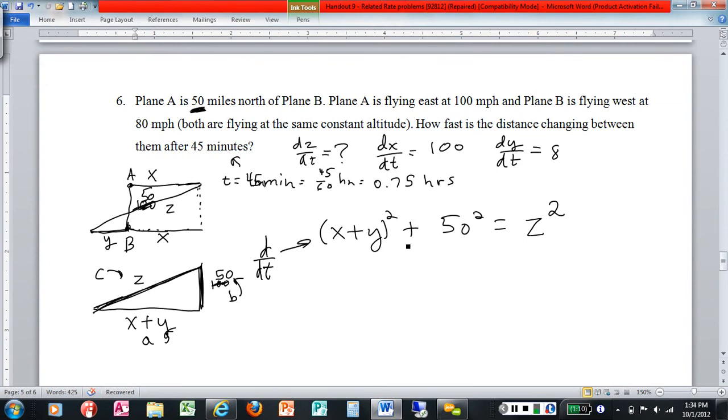So bring down the power. The inside stays the same. Subtract 1 from the power, then multiply by the derivative of the inside. And it's an adding, so what's the derivative of the first guy? Derivative of x would just be 1, but I'm doing the derivative with respect to t of an x, so that's 1 dx/dt.